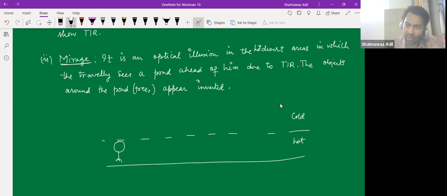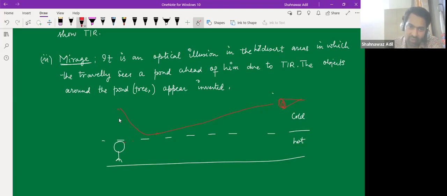Let's say somebody is seeing from here. When the light comes from the cold region, it will reflect back.